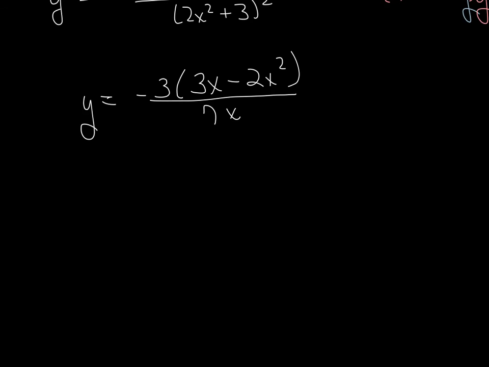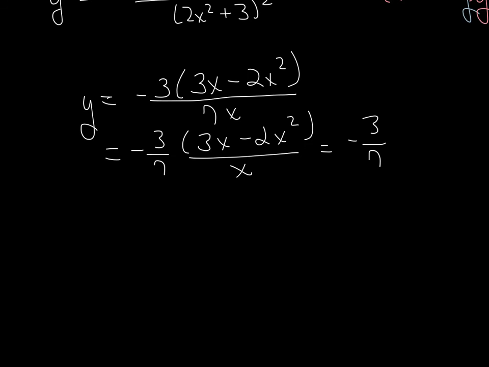Now, initially you might think you have to use the quotient rule, but if we simplify this, we'd have -3/7 times 3x minus 2x squared over x, and this can be simplified further. Notice there's an x in every term. I can factor out an x, and I'm left with 3 minus 2x. And now that's going to be easier to get a derivative of.